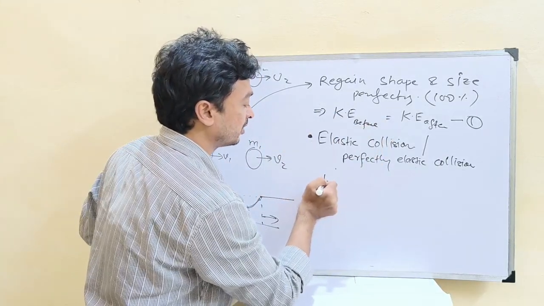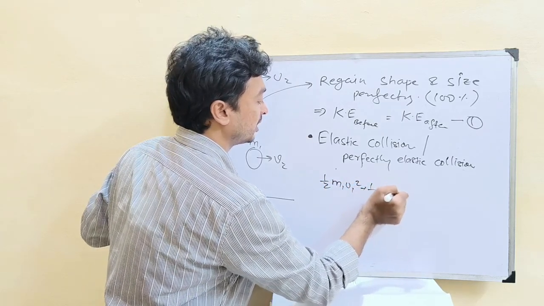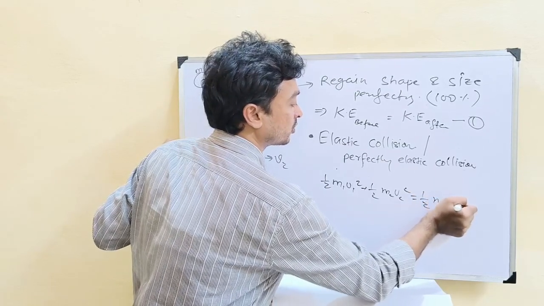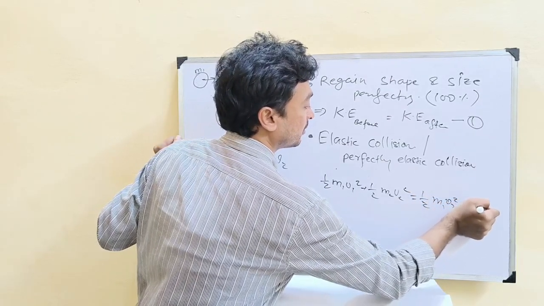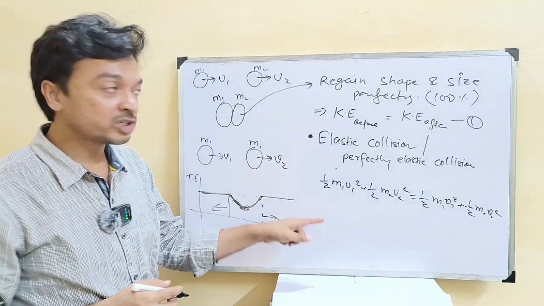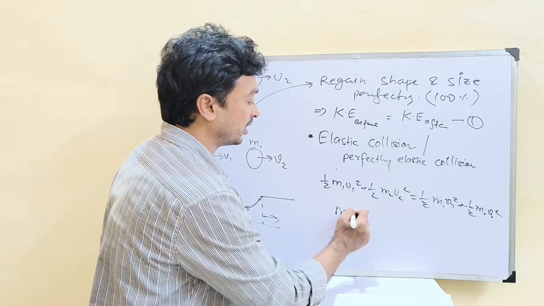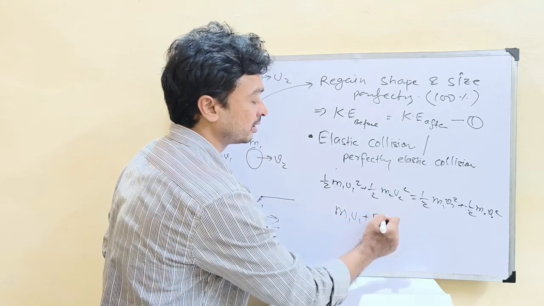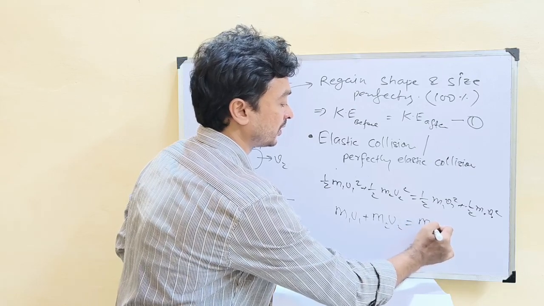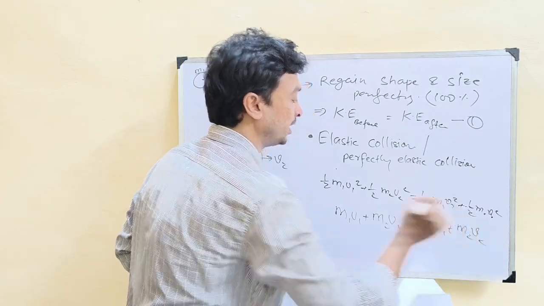Kinetic energy before: half m1 u1 square plus half m2 u2 square is equal to half m1 v1 square plus half m2 v2 square. And from conservation of momentum, total momentum before collision, that is m1 u1 plus m2 u2, is equal to m1 v1 plus m2 v2.